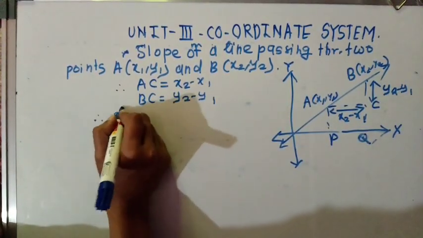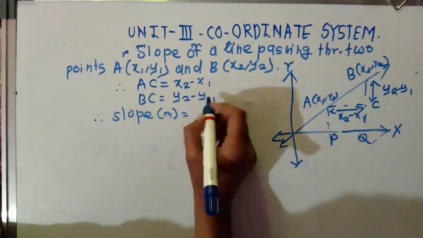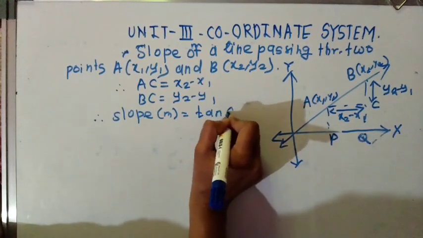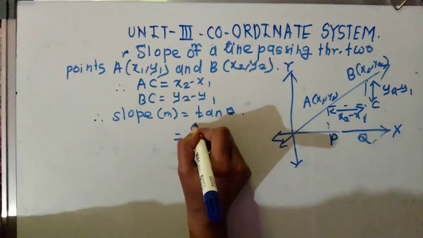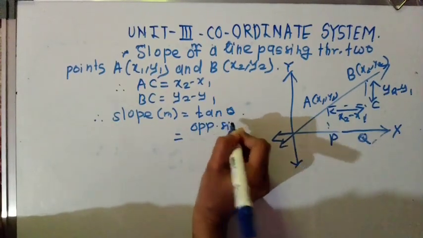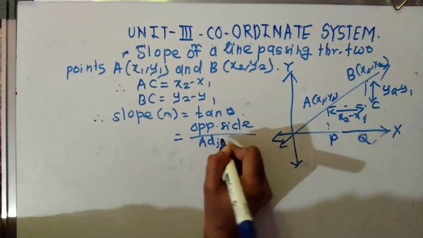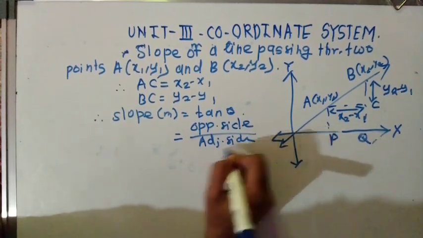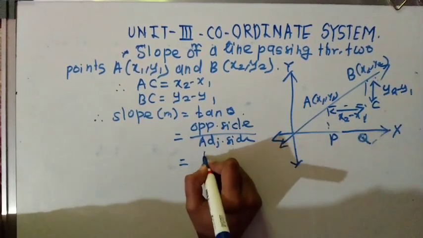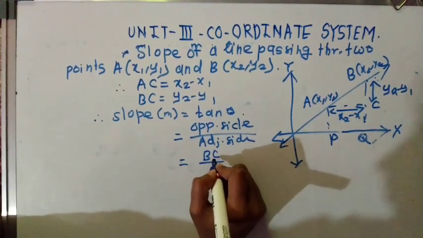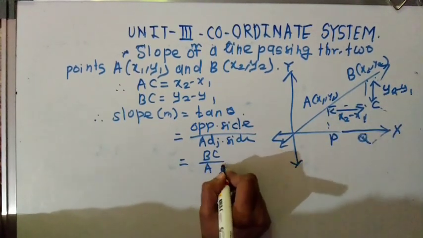Then slope m is equal to tan theta, but tan theta is equal to opposite side upon adjacent side, but here opposite side is BC and adjacent side is AC.